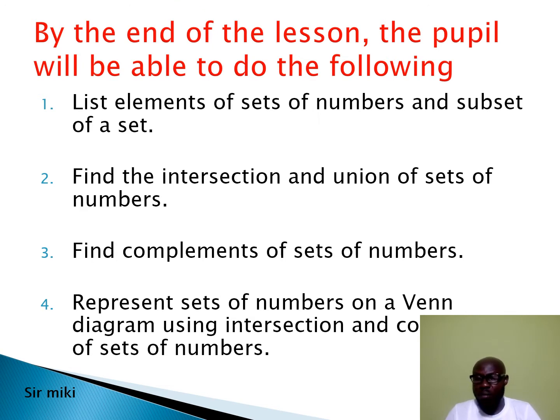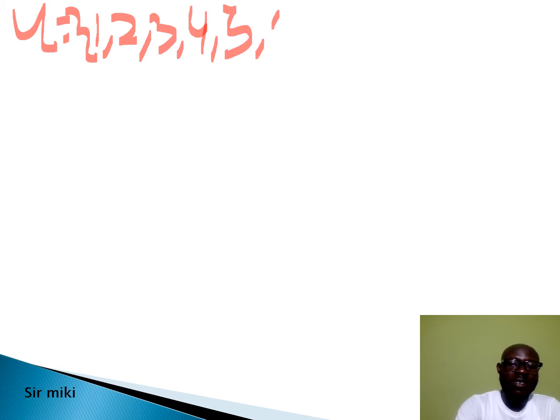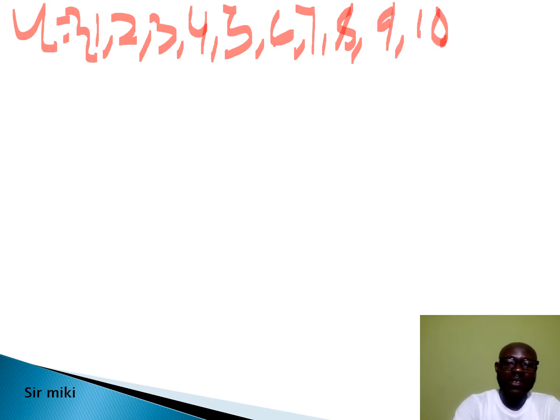of set of numbers. Alright, now before we proceed to the next slides, I want to throw more light on subset and number of subsets. Good. Now, if we have set U equals curly bracket 1, 2, 3, 4, 5, 6, 7, 8, 9, 10.